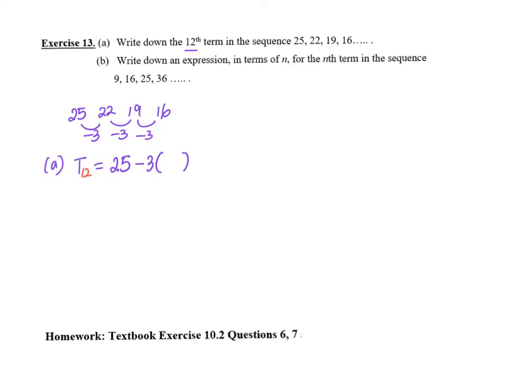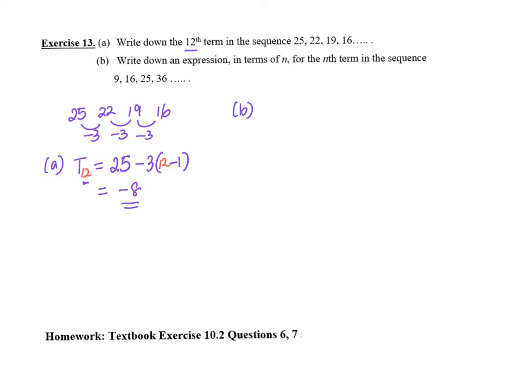Normally it will be n minus 1 times, but now n is 12, so it'll be 12 minus 1, which is 11 times. So I take 25 minus 33, which gives me negative 8. So term 12 is negative 8.